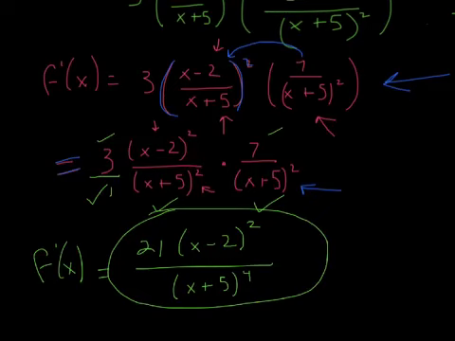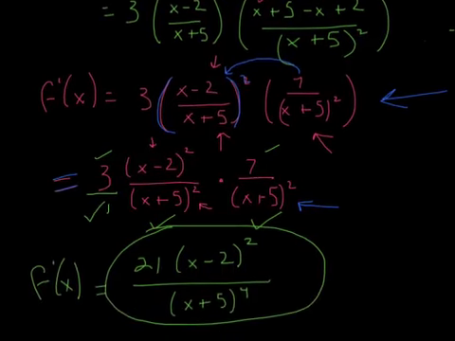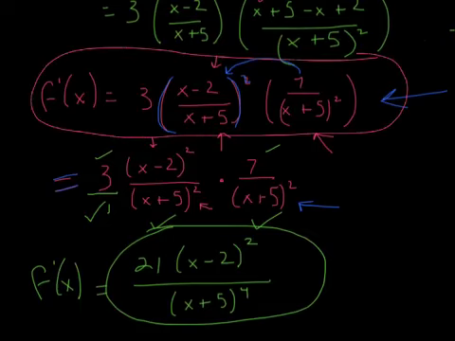This is how I would want the answer. Now, does that mean that this in red is wrong? No, it's just unsimplified. Look at the red and look at the green. The green is a whole lot simpler, and that's what your goal is. Just be really careful how you do it. You've got to really know your algebra backwards and forwards. So be careful with what you can combine.